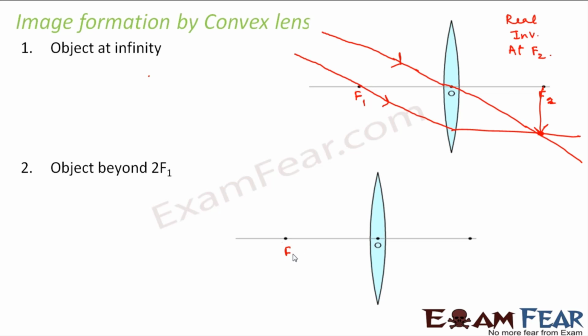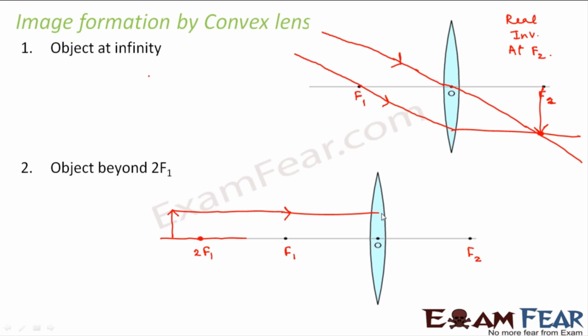Now let us look at the second scenario, where the object is beyond 2F1. Let us suppose this is the first principal focus and this is the second principal focus, and somewhere around here we have 2F1, which is nothing but the center of curvature. The object is placed beyond this point. Let us suppose there is a ray of light which goes parallel to the principal axis.